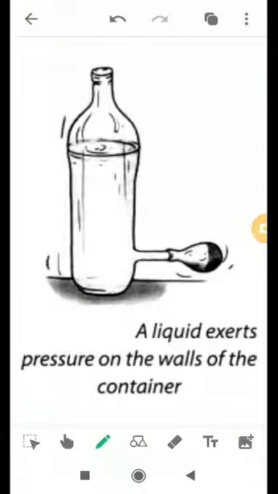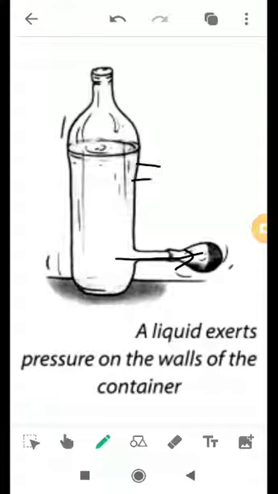See, a balloon is placed in the side wall of the bottle, which is filled with liquid. You will find that the balloon starts filling. Why does it start filling? Because pressure is exerted in that liquid, and that liquid flows into that balloon, which makes the balloon inflate. So that means pressure increases with the depth.